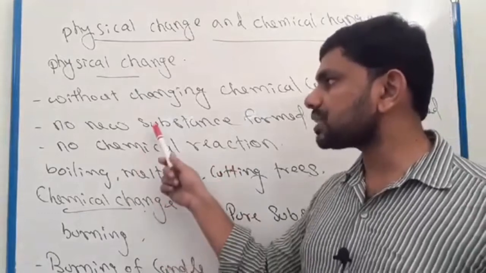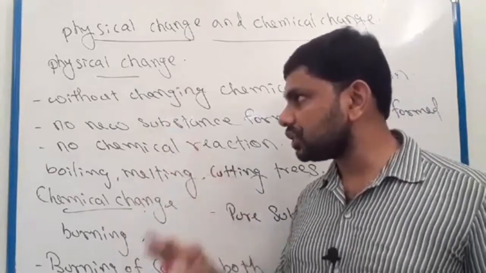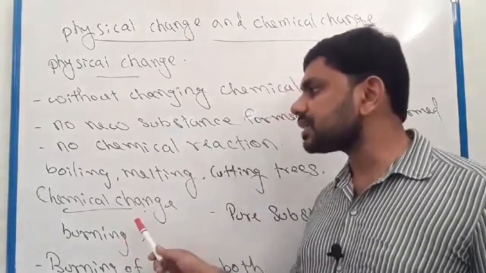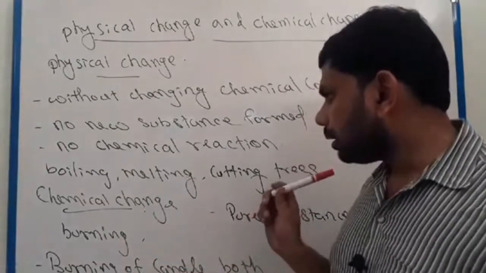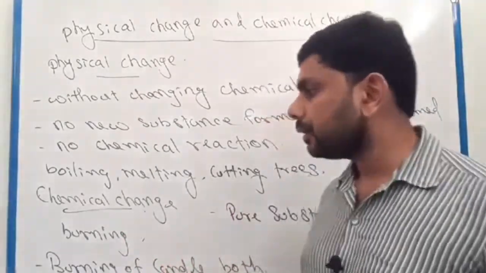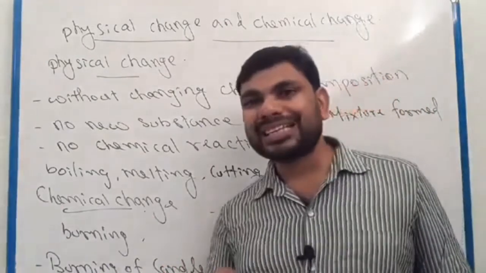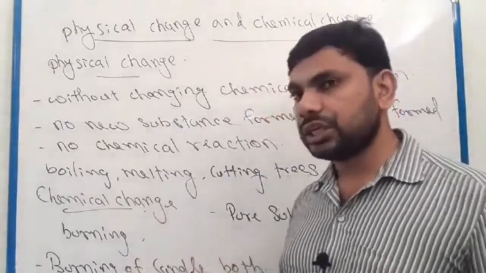Chemical change means new substance will be formed. There will be chemical composition change. Pure substances are formed by chemical change. Burning of fuels, burning of paper, also metals reacting with acid. These are examples of chemical change.